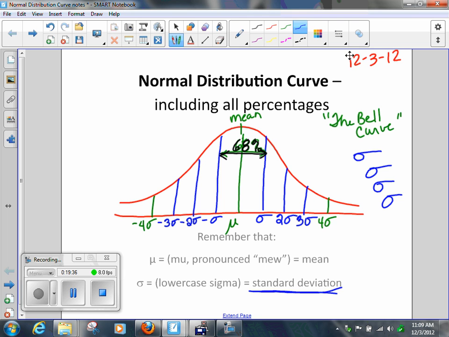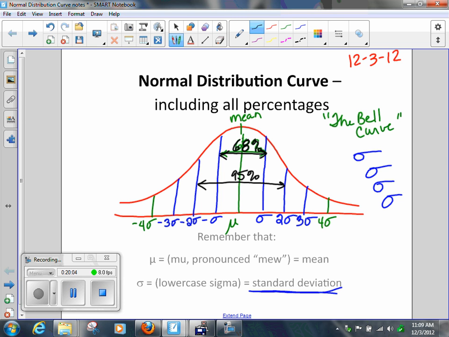The next set of numbers that's going to be important to you is from -2 to +2 standard deviations. That's going to represent 95% of your data should fall within that 95% range.